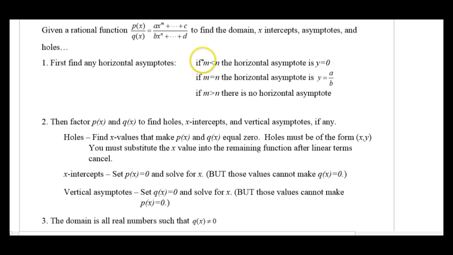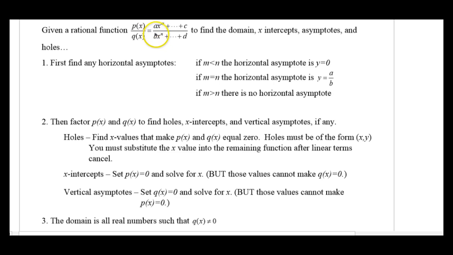So if the degree of the top is smaller than the degree of the bottom, the horizontal asymptote is y equals 0. If the degrees are the same, if m equals n, then the horizontal asymptote is y equals a over b.